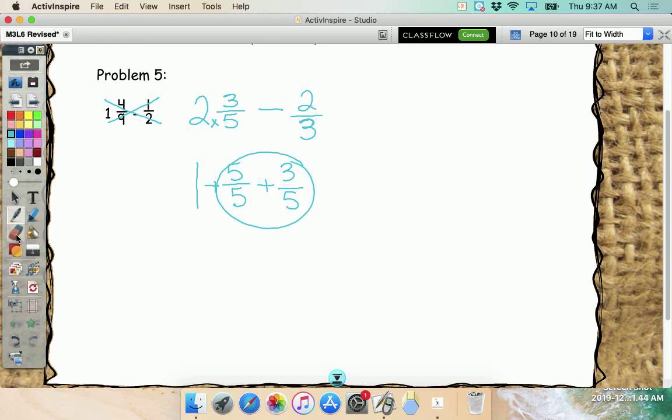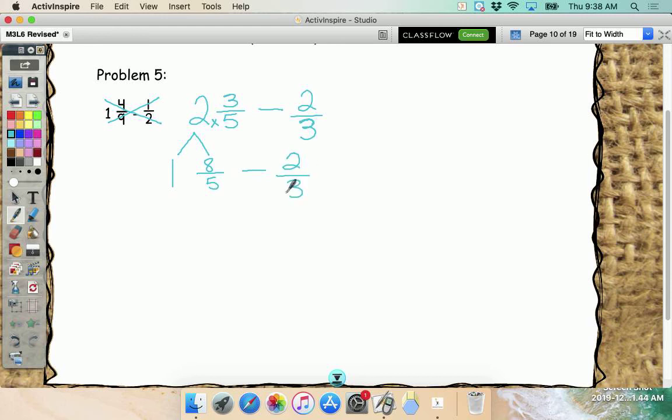So basically, let me write it a different way. This is a better way. I'm going to call this 1 plus 8/5. Is that the same thing as 2 3/5? Yes, okay. So now I'm going to subtract 2/3.